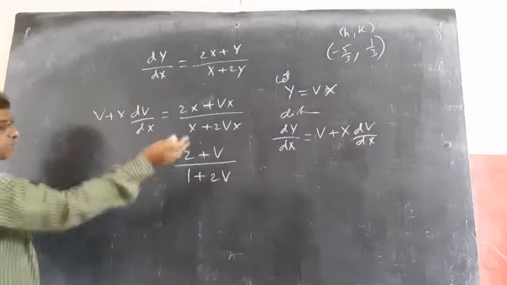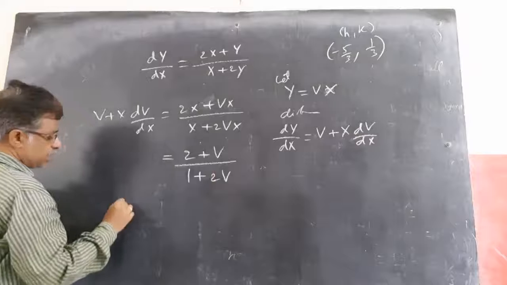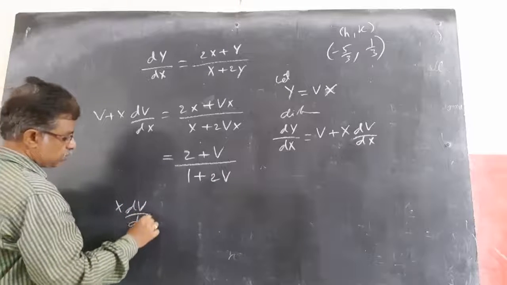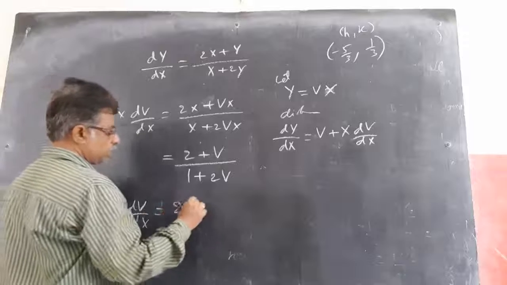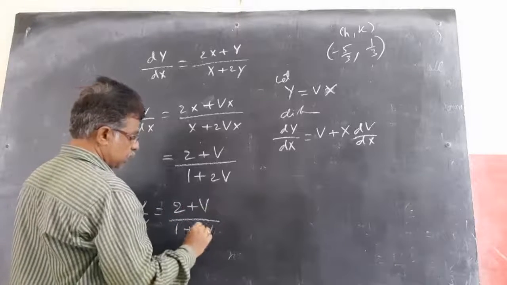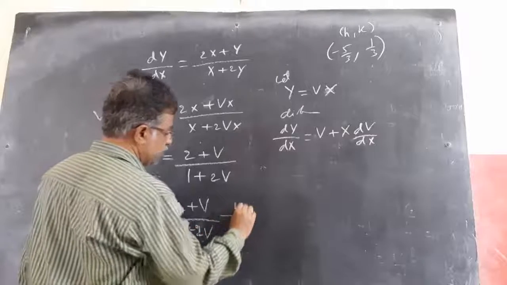Now bring this plus v to the other side, it becomes minus v. So x into dv by dx equals (2 plus v) by (1 plus 2v) minus v.